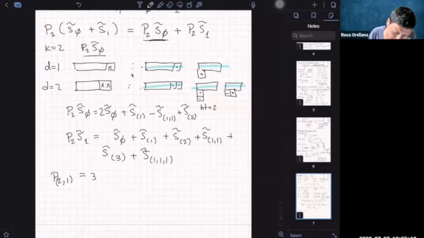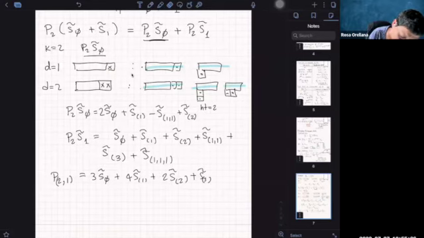Okay, so what I end up getting is this plus 4 S tilde 1 plus 2 S tilde 2 plus S3 S tilde minus S tilde 1, 1, 1.